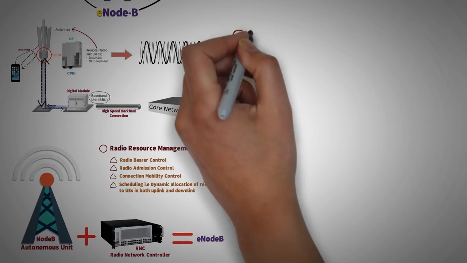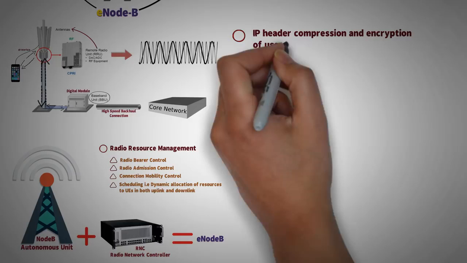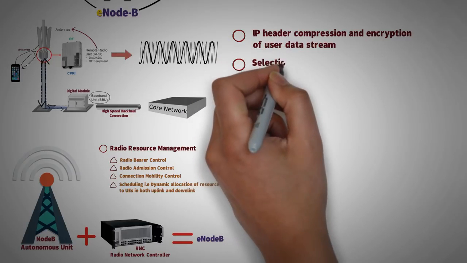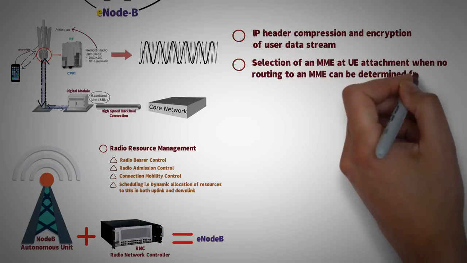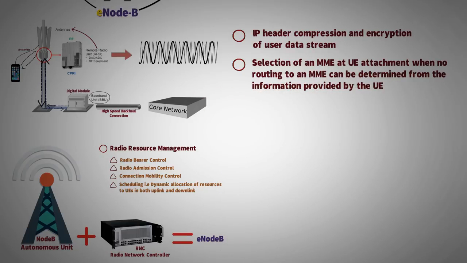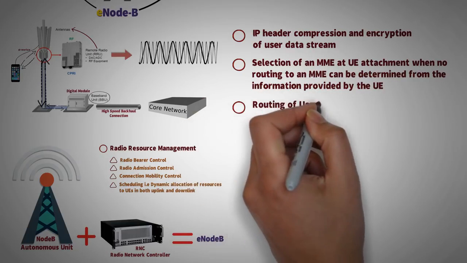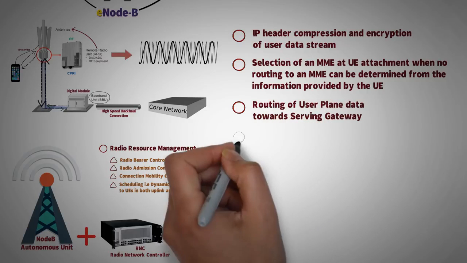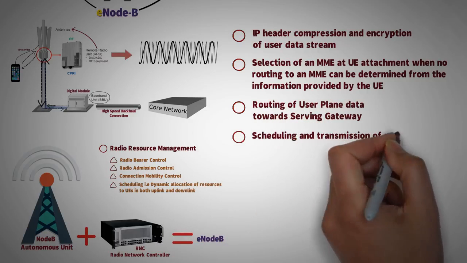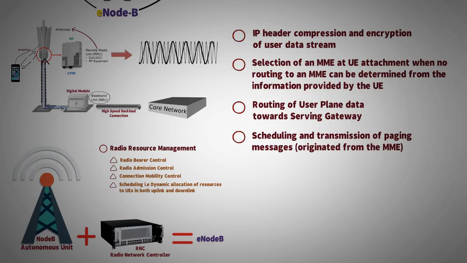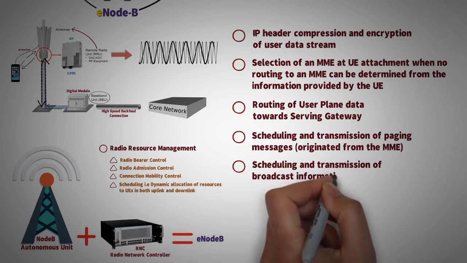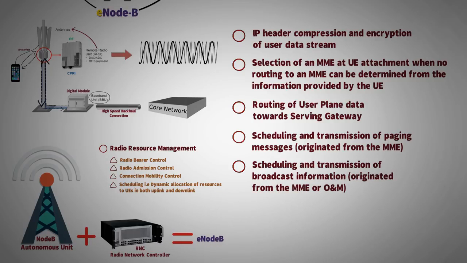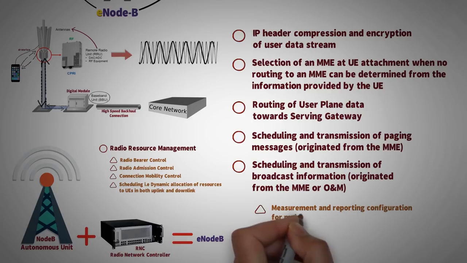It is also responsible for IP header compression and encryption of the user data stream, selection of an MME at UE attachment when no routing to an MME can be determined from the information provided by the UE, routing of user plane data to a serving gateway, scheduling and transmission of paging messages originating from the MME, scheduling and transmission of broadcast information originated from the MME or OAM, and measurement and reporting configuration for mobility and scheduling.